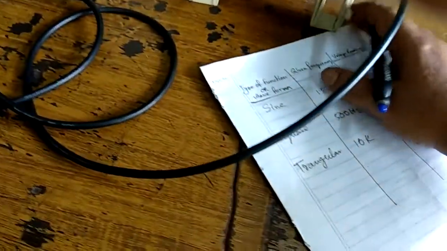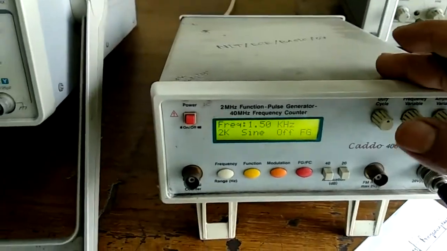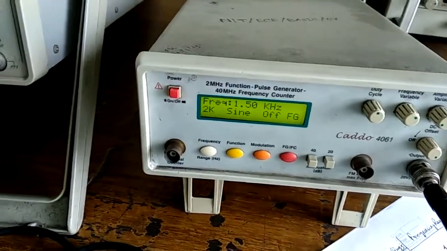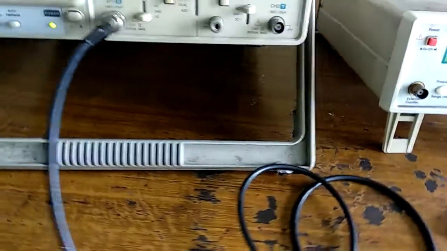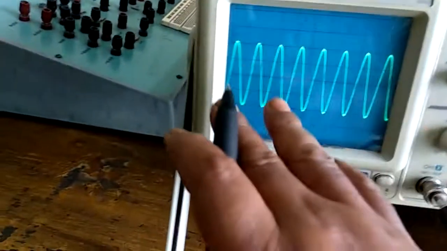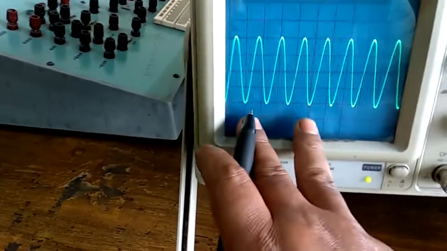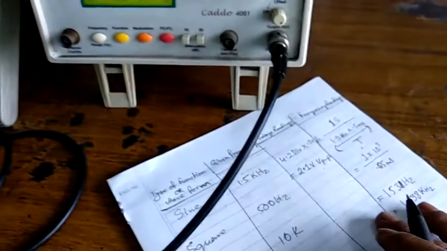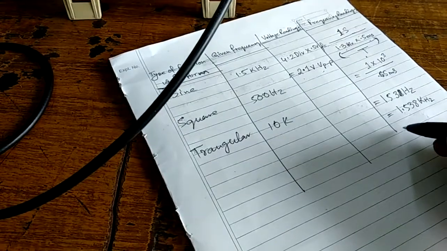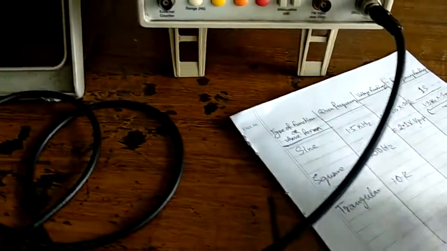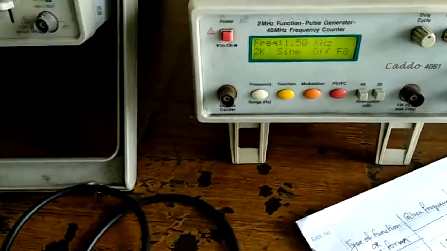Accordingly you have to check all the frequencies. First you generate the waveform or signal with the given frequency, then read the waveform on the oscilloscope and put your values in the table, where you can show your calculation as per your generation.